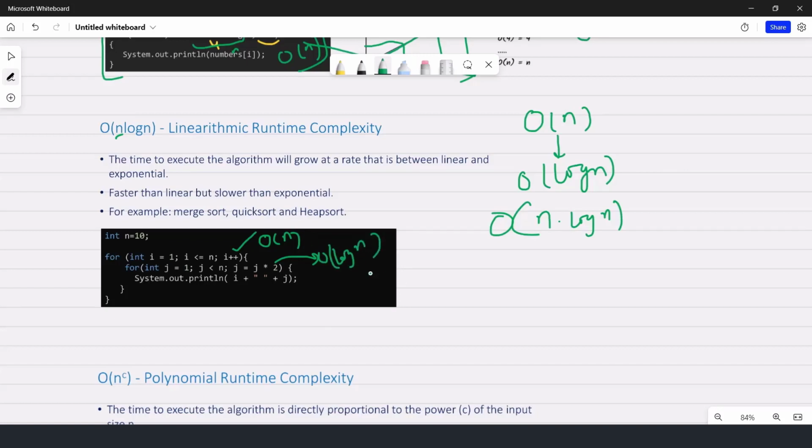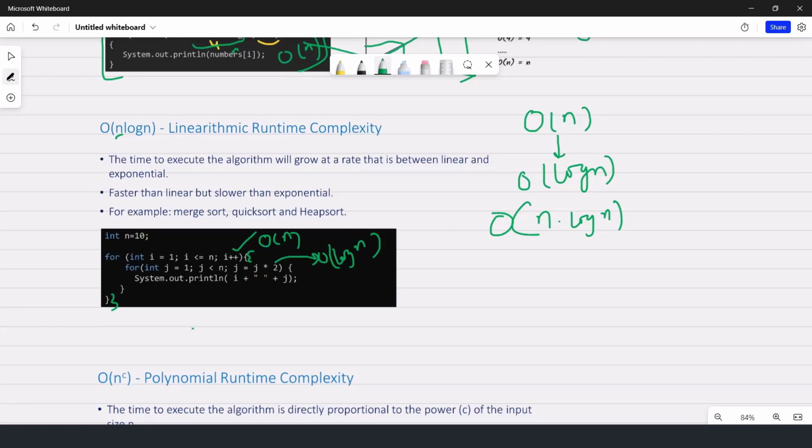This is multiplied, because it is coming under the one for loop, so it is getting multiplied, not added. Now the outer loop iterates from 1 to n with an increment of 1 in each iteration. The inner loop iterates from 1 to n with an increment of j equals j multiplied by 2. So the inner loop increments involve multiplying by 2 in each iteration.